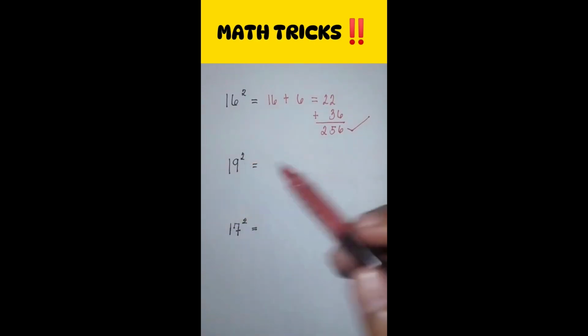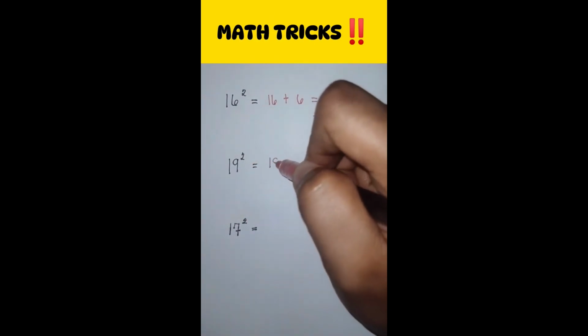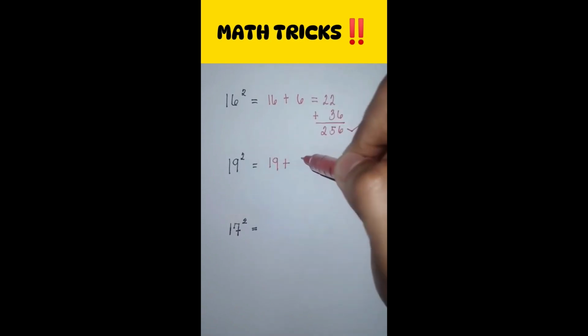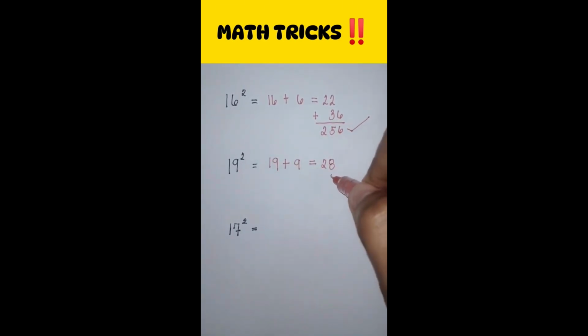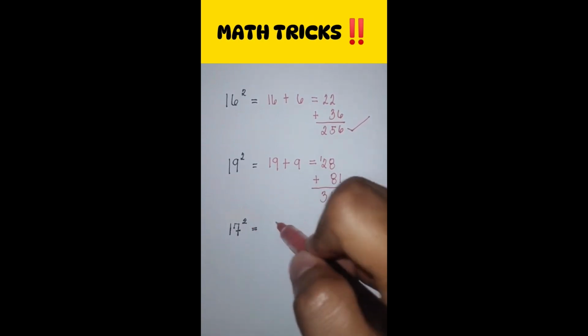Next, 19 squared. 19 plus 9 is equal to 28. And then 9 squared is equal to 81. Then we add. That is 1. 8 plus 8 is 16. And then 2 plus 1 is 3. The answer is 361. How about 17 squared?